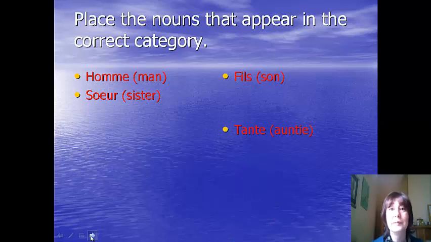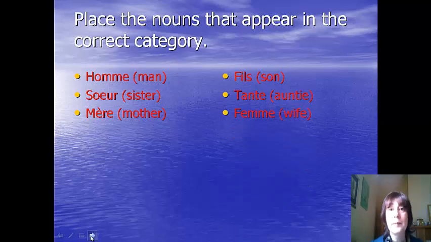Sœur, féminine. Tante, féminine. Mère, féminine. Femme, féminine. Mari, masculine. Oncle, masculine. Père, père, it's masculine, and it looks like there's a wee mistake here.